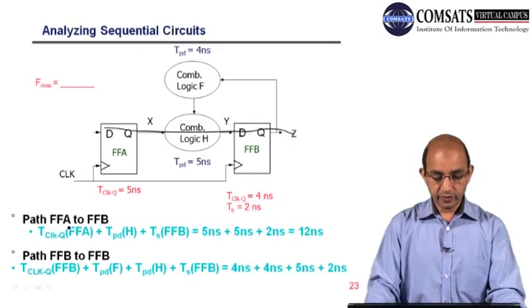There is another path from flip-flop B to B for this loop. That is the propagation delay for this flip-flop B, the propagation delay for this combinational logic, that is F, plus the setup time for this FFB. So here we have 4 nanoseconds plus 4 nanoseconds plus 5 plus 2, so you can compute.